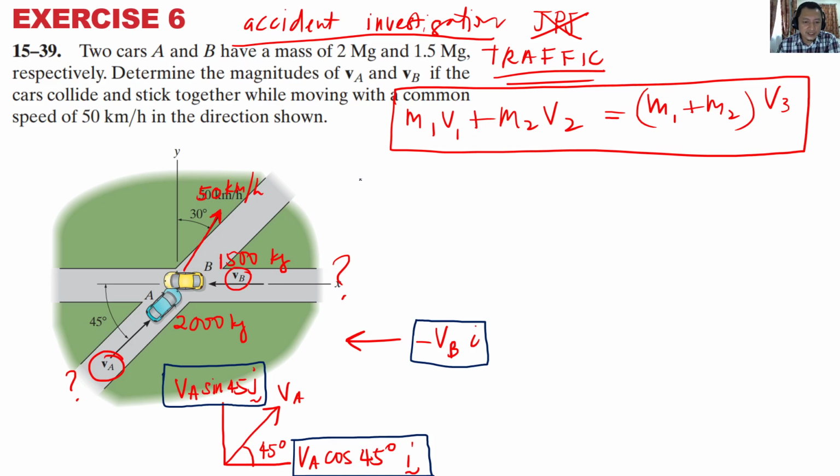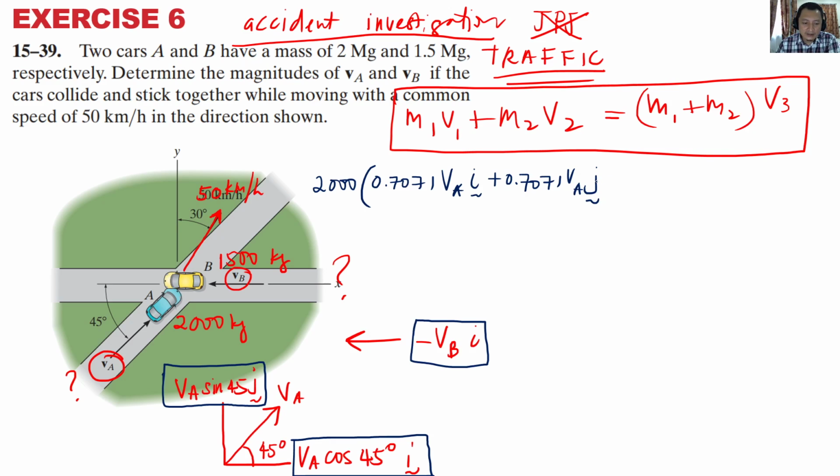How does the equation look like? 2000 times velocity. This one you know already, right? This one becomes 0.7071 VA i plus 0.7071 VA j.